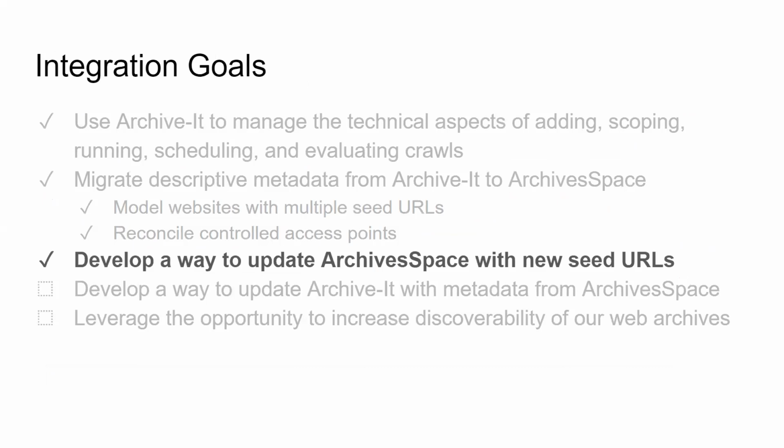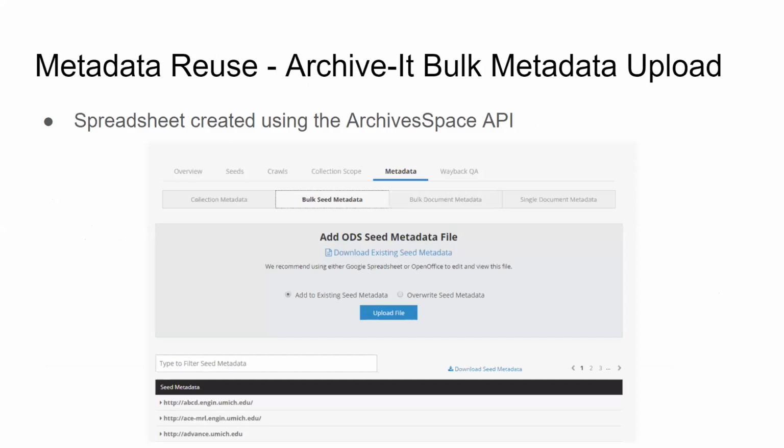In order to update ArchiveIt with metadata from ArchiveSpace, this is an example of taking advantage of another one of the integrable features of both ArchiveSpace and ArchiveIt. At the moment, we're just using the ArchiveSpace API to query the metadata, the description that we've created for our archived websites in ArchiveSpace, and then just generating a spreadsheet that we upload using the ArchiveIt bulk metadata upload feature.